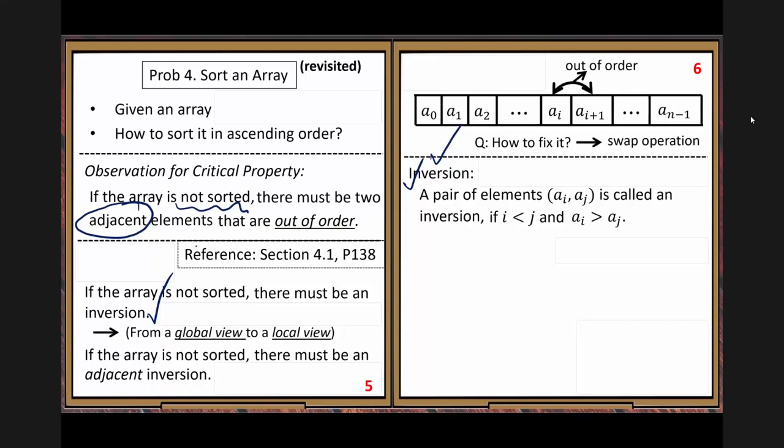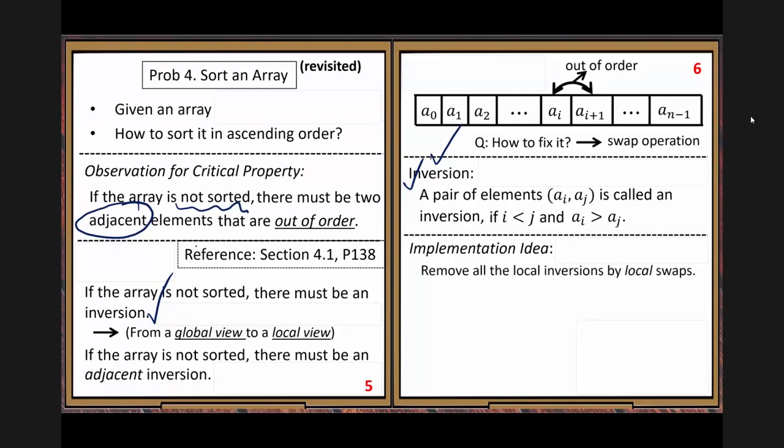Every time we swap two elements in an inversion, we kill that inversion; we eliminate it. Now, the implementation idea: remove all the local inversions by local swaps. Our goal is to remove all local inversions.